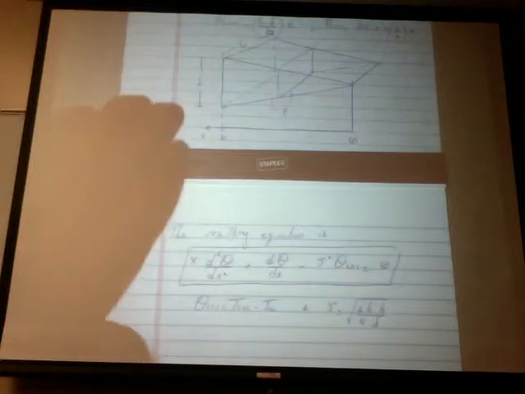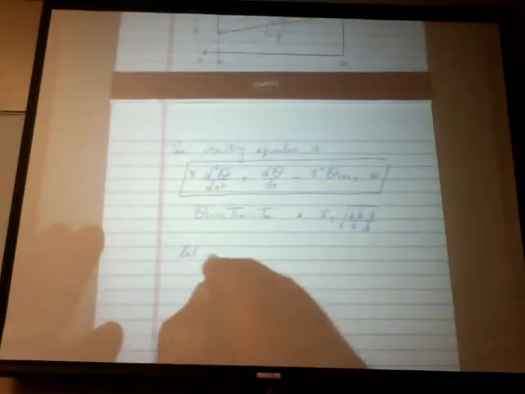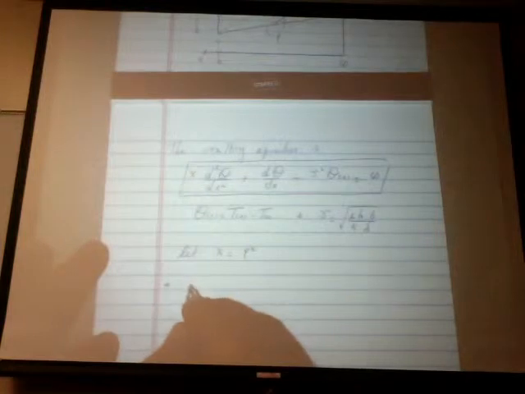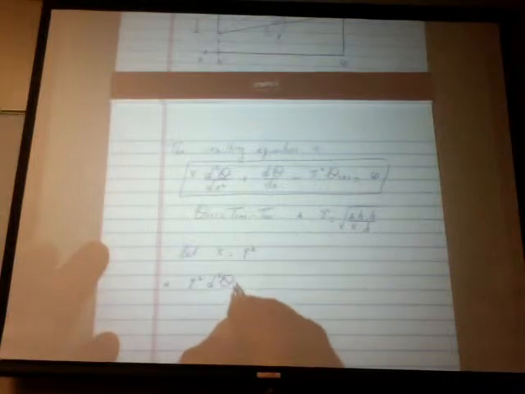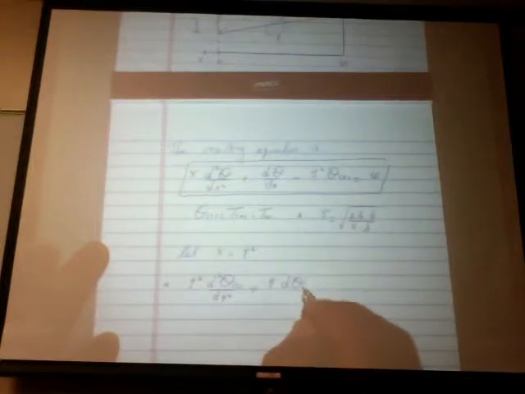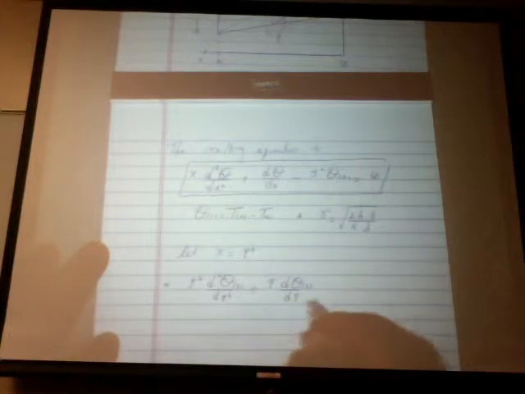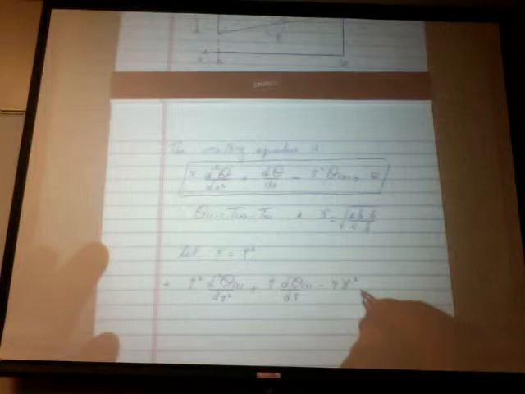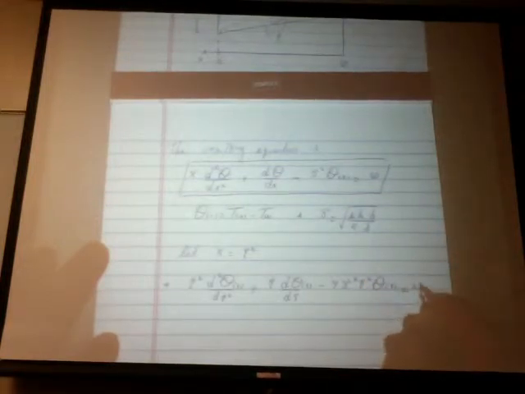So there's a trick: if you let x be equal to xi squared, you're going to do a variable transformation, then the equation in terms of xi would look like this: xi squared d squared theta/d xi squared, plus xi times d theta/d xi, minus 4 gamma squared xi squared theta of xi is equal to 0.